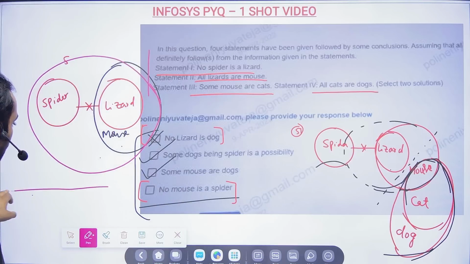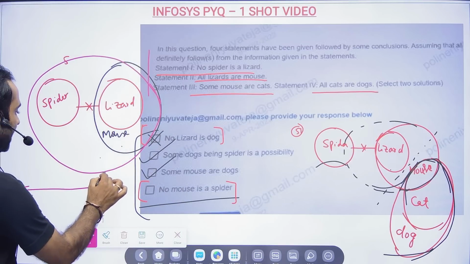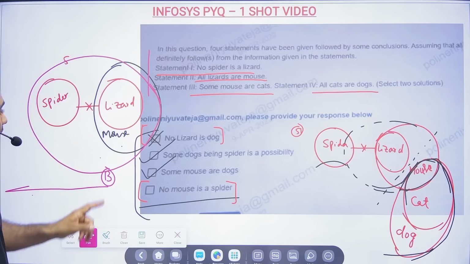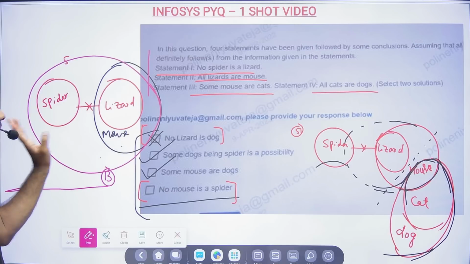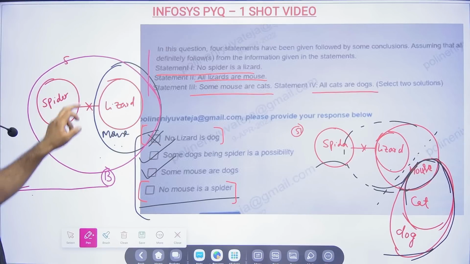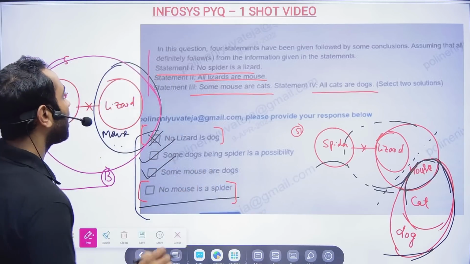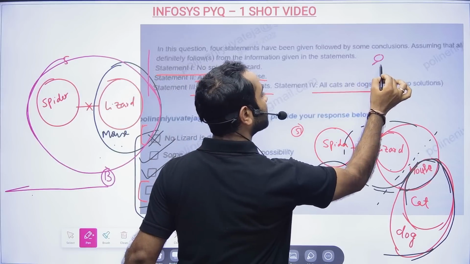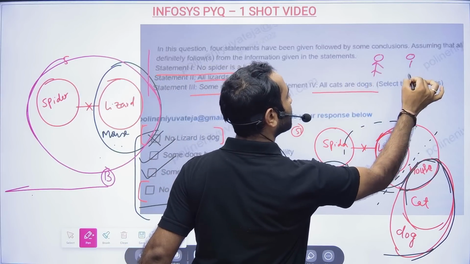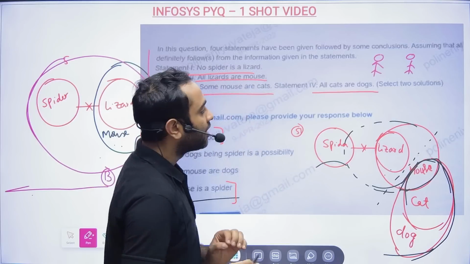When you draw, A draws the diagram like this and B draws the diagram like this. In one case, mouse and spider have no relation. In another case, mouse and spider can have a relation. So you cannot conclude. In the question, they have not given any relation between mouse and spider.